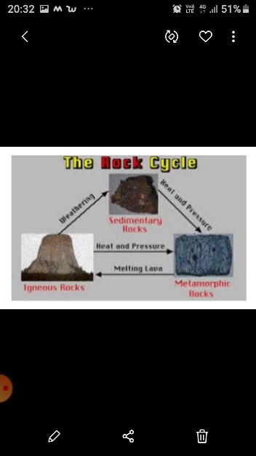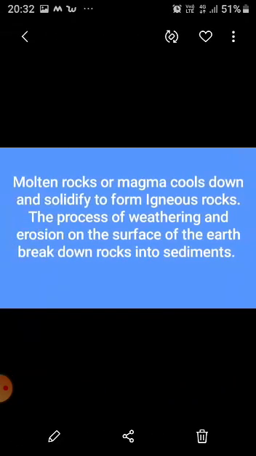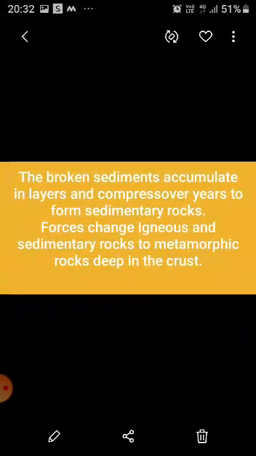The processes of weathering and erosion on the surface of the earth break down the pre-existing rocks into sediments. Fine. Now the broken sediments accumulate in layers and compress over years to form the sedimentary rocks. Now forces change this igneous and sedimentary rock to form the metamorphic rock deep in the crust.